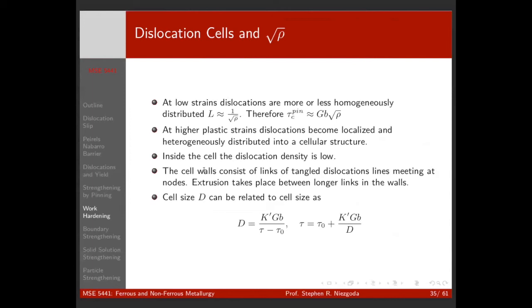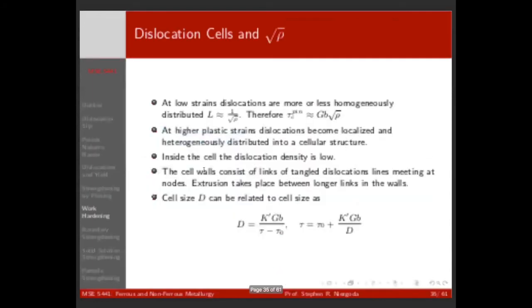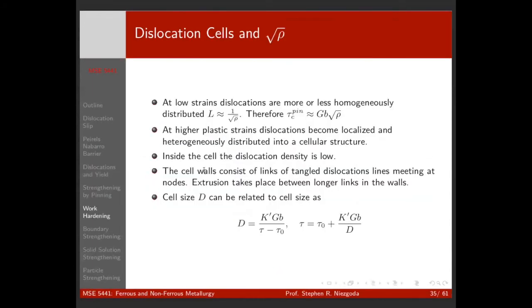You can make a statistical argument along those same kind of lines. But what happens in reality to dislocation structure as our strains get higher and higher? They don't stay as nice, neat dislocation lines. They get all tangled and they develop a substructure.